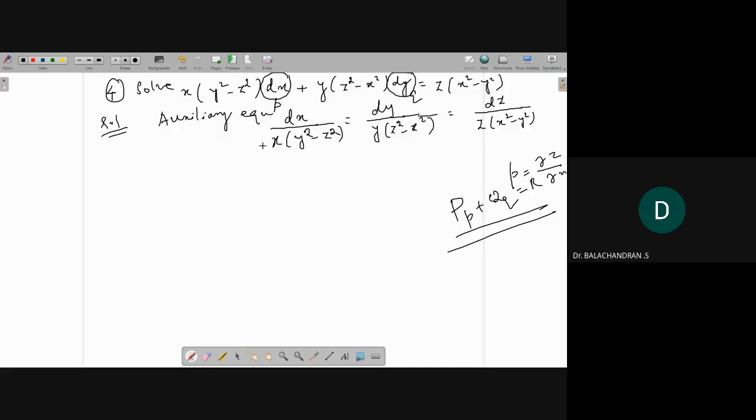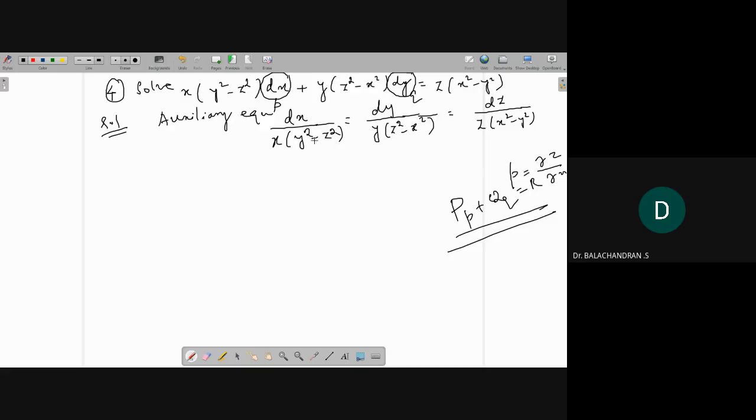So the auxiliary equation is dx by capital P. Capital P is x into y square minus z square, capital Q is y into z square minus x square, and capital R is z into x square minus y square.